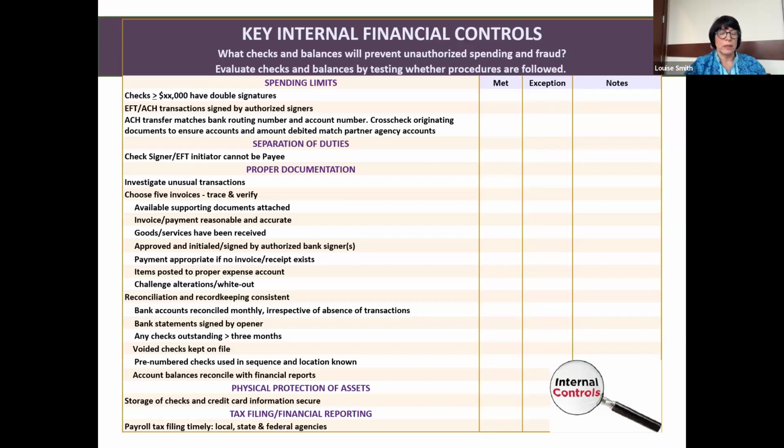The first one is spending limits. Some organizations will have 2 signers authorized for checks that are over a certain amount of money. We recommend that if you do this, that dollar threshold needs to be considered based upon your organization's budget. What kind of expenditures are over and above what's normal and what's approved in the budget?